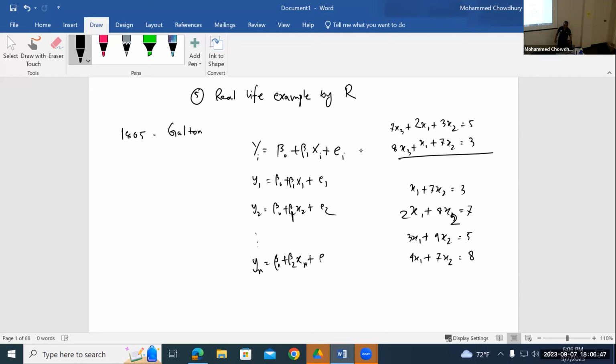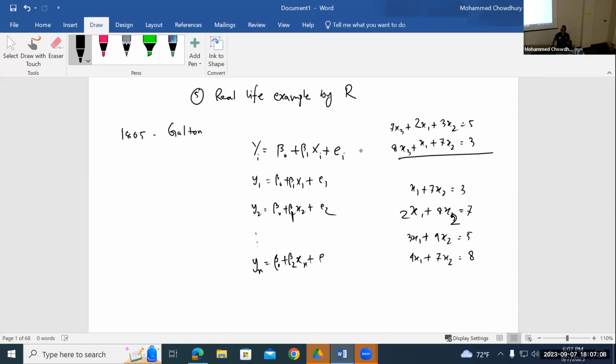Are you seeing how many unknowns? 2 unknowns, right? Beta 0 and beta 1, right? And how many equations? Many equations, right? But we have to use all of this information to estimate beta 0 and beta 1. That method is known as the least squares method developed by him. Clear, right?